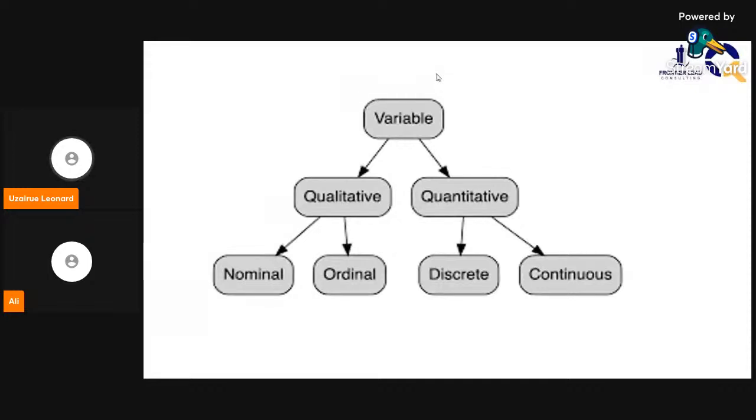Then quantitative is something that is quantified, that has an exact value attached to it. You are no longer talking about high, low, or present, absent. You are talking about the exact amount. For example, say you did a malaria test. Qualitative is either the person has malaria or does not have malaria.